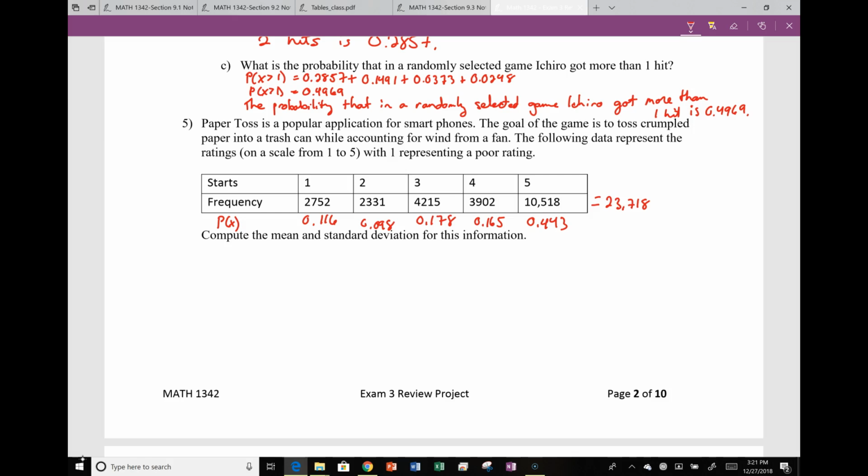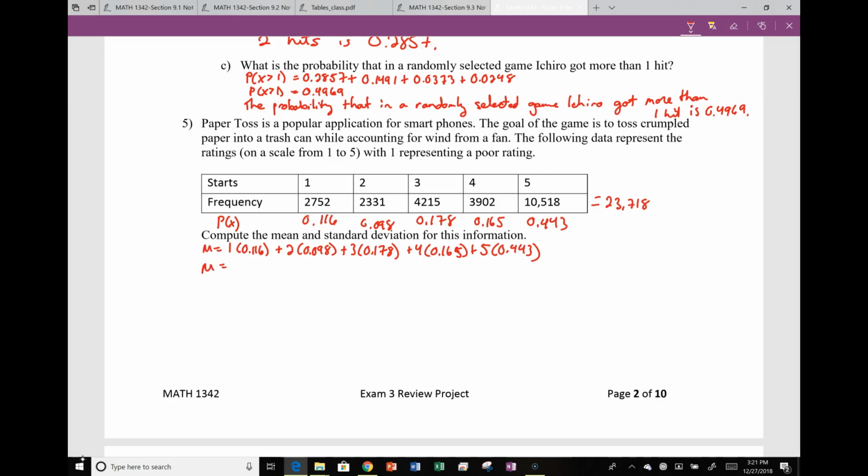Now we want to compute the mean and standard deviation for this information. So our mean is going to be the value, the 1, times its probability, plus the 2 times its probability, the 3 times its probability, the 4 times its probability, and the 5 times its probability.